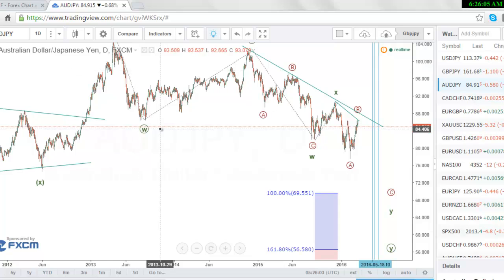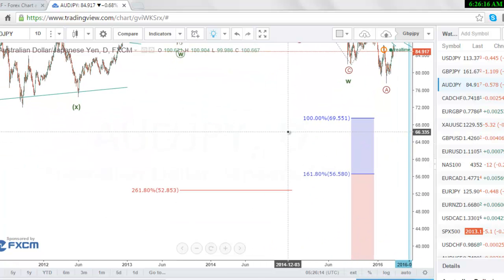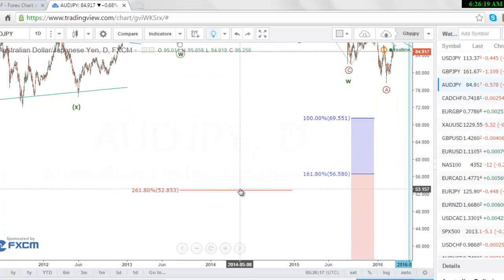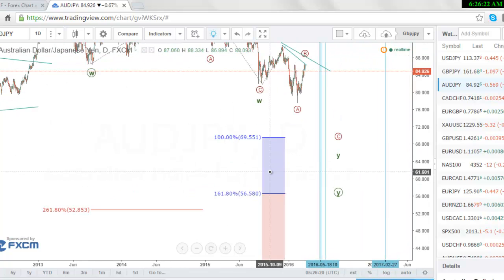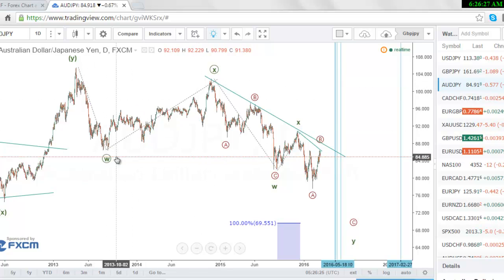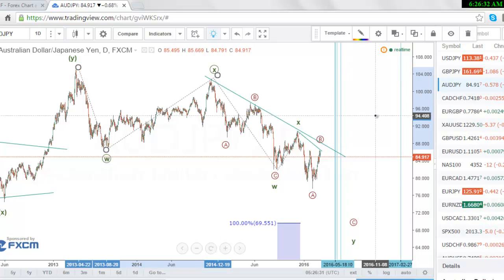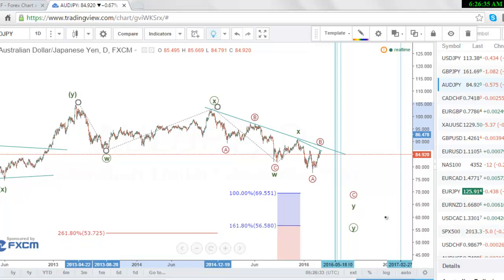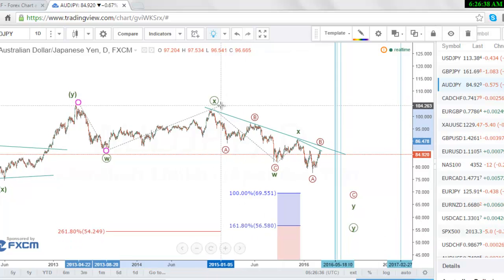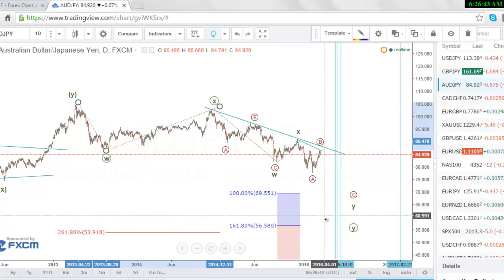Now the projection of W from X ends here to give us a 100% extension. So price could get to this level, 161.8 to 61.8, which is going to be around here. So we could actually see price going down to this region, because the projection of W from this place is the 261.8%, so we'll be expecting price to come down to around this level.